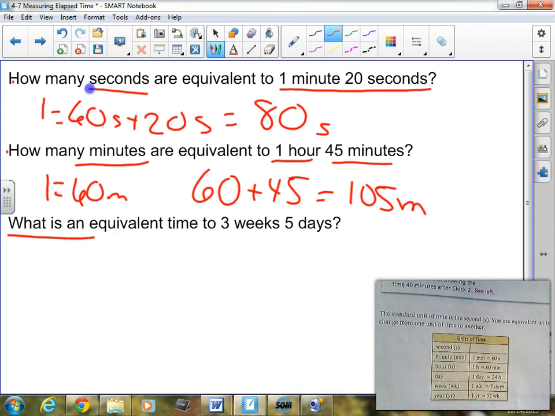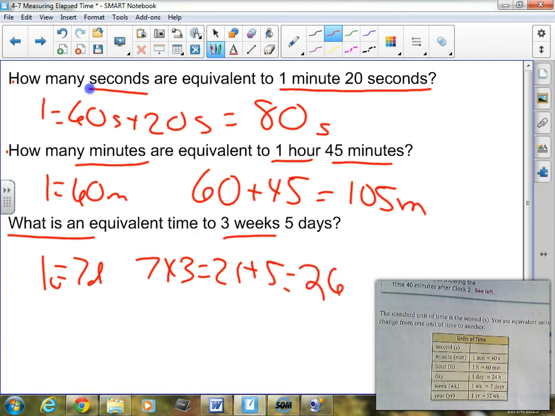So the key is we're going to find an equivalent time to 3 weeks, 5 days. I know that 1 week equals 7 days. So, 7 days times 3 equals 21 days in 3 weeks, plus 5 days is going to equal 26 days. So I can rename 3 weeks, 5 days as 26 days.